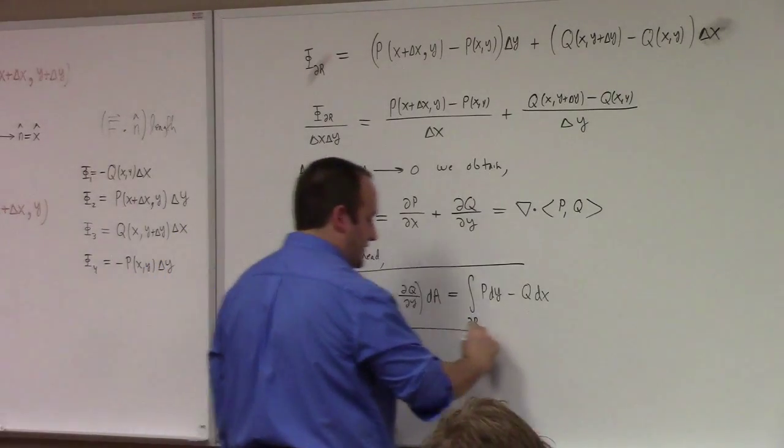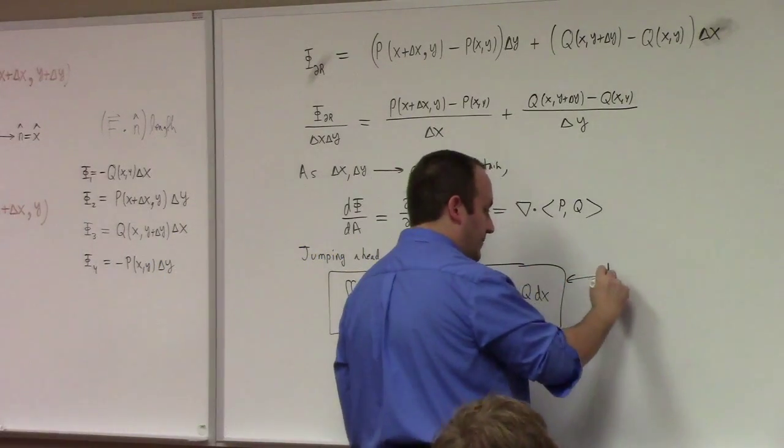And this is, in fact, the divergence form of Green's theorem.